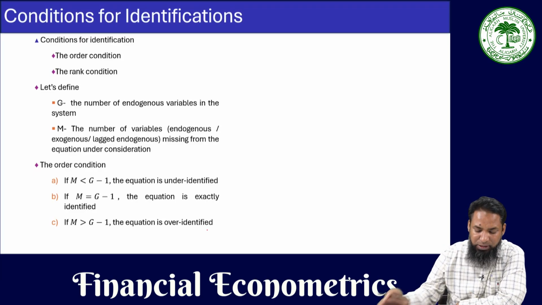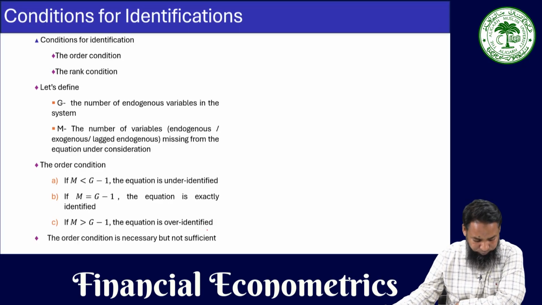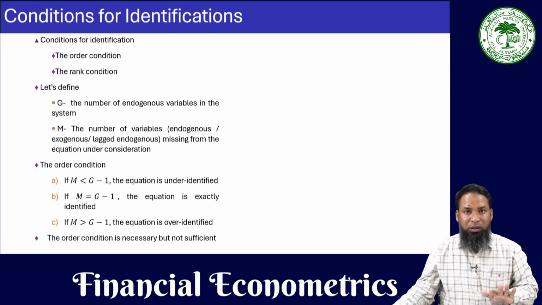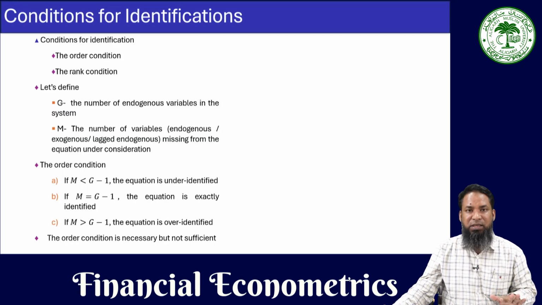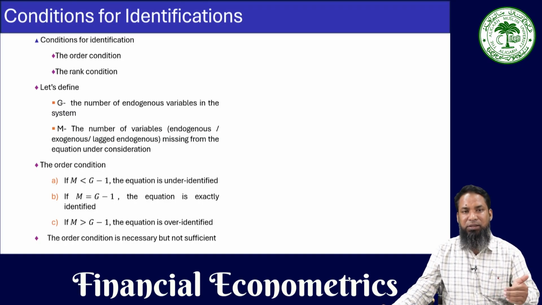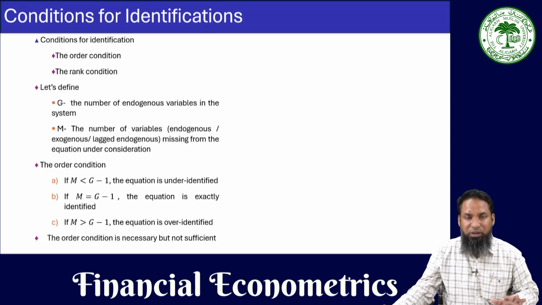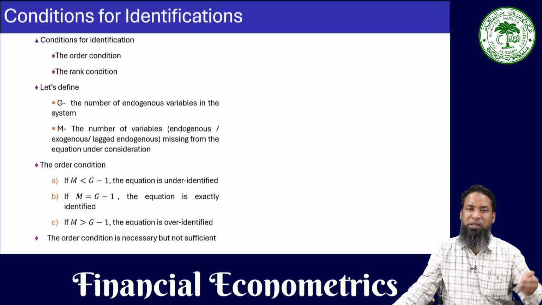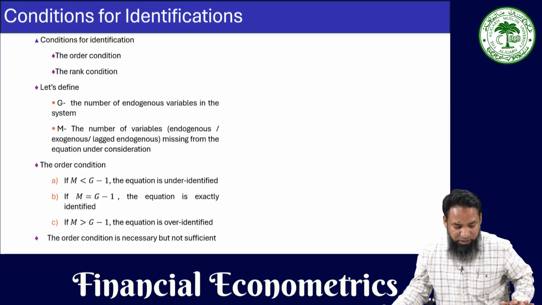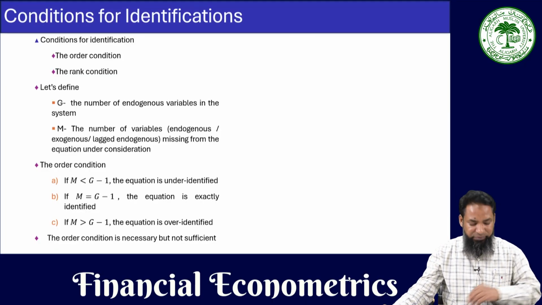To understand better, let us see this. However, this order condition is necessary but not sufficient. Until it is satisfied, we cannot go to the next condition. However, if only this condition is satisfied, we cannot say surely whether there will be under or over identification.